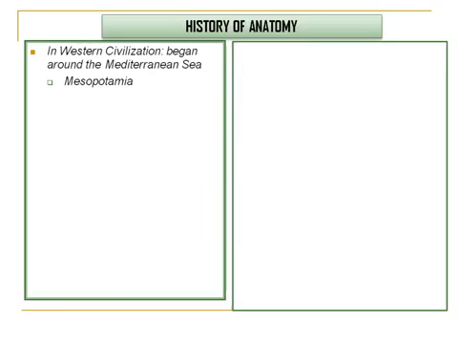Now, talking about the history of anatomy, it is as long as the civilization of humans. Our ancestors used to kill animals, and they knew where to strike with an arrow or where to hit an animal to make it fall down or to kill it.